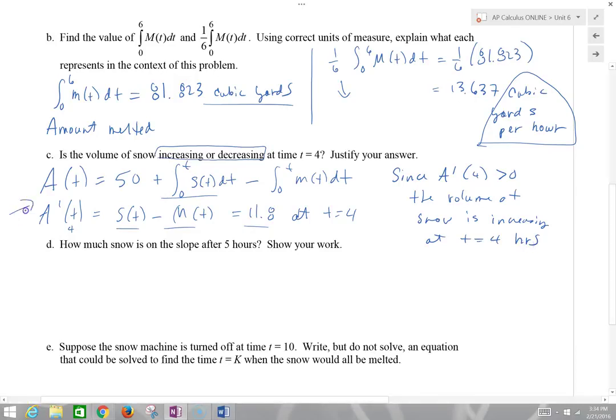So in this one, we want to know the rate. Was the rate increasing or decreasing? And in this one, we're going to want to know the total amount of snow. So we're going to take that function, A of t, subtracting melting, and we want to know what happens at 5.